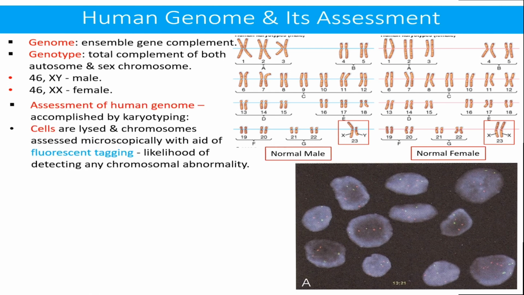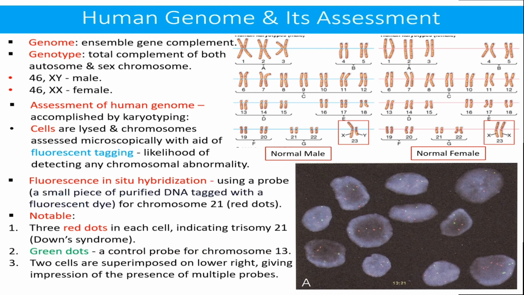Assessment of the human genome is accomplished by karyotyping, in which cells are lysed and chromosomes assessed microscopically with the aid of fluorescence tagging. This process gives a likelihood of detecting any chromosomal abnormality.